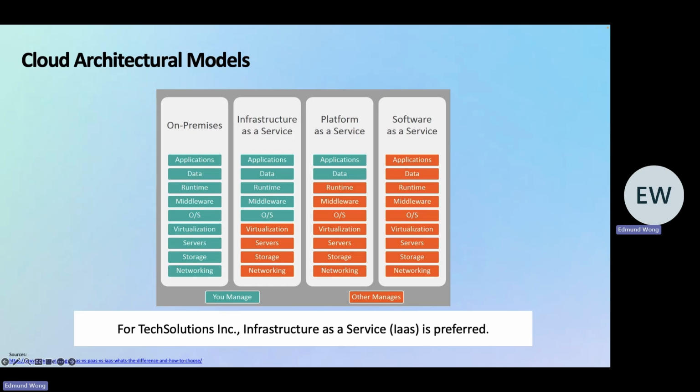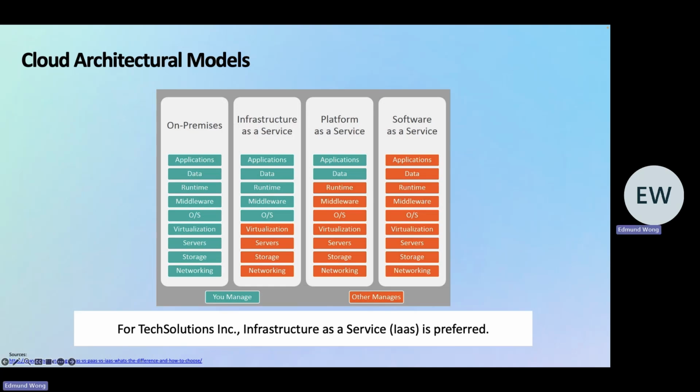We can kind of consider the platform as a service, but based on the case study, they still may want that little bit of infrastructure control. So that's why we recommend the infrastructure as a service because of that little like runtime, middleware, and OS control that they will have, as opposed to completely handing off to the cloud operator.